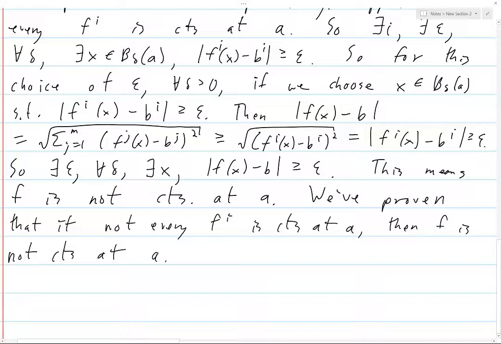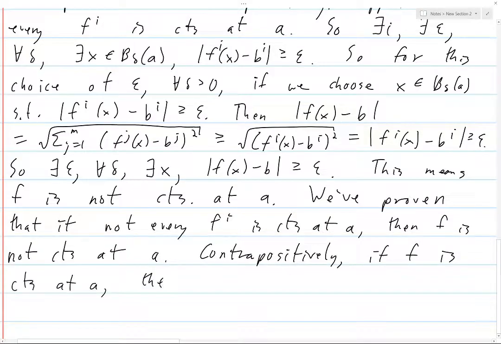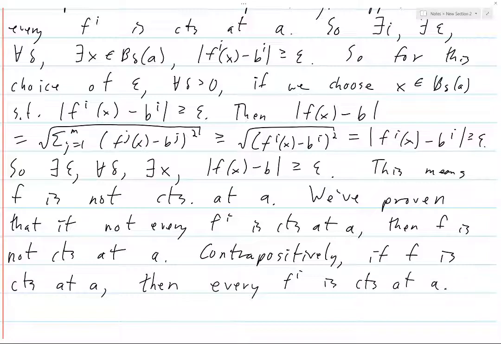Contrapositively, if f is continuous at a, then it is not the case that not every fi is continuous at a, i.e., then every fi is continuous at a. And that's exactly the direction that we're trying to prove. And so this means that we're done with the proof. So, yeah, there you go. That's it.